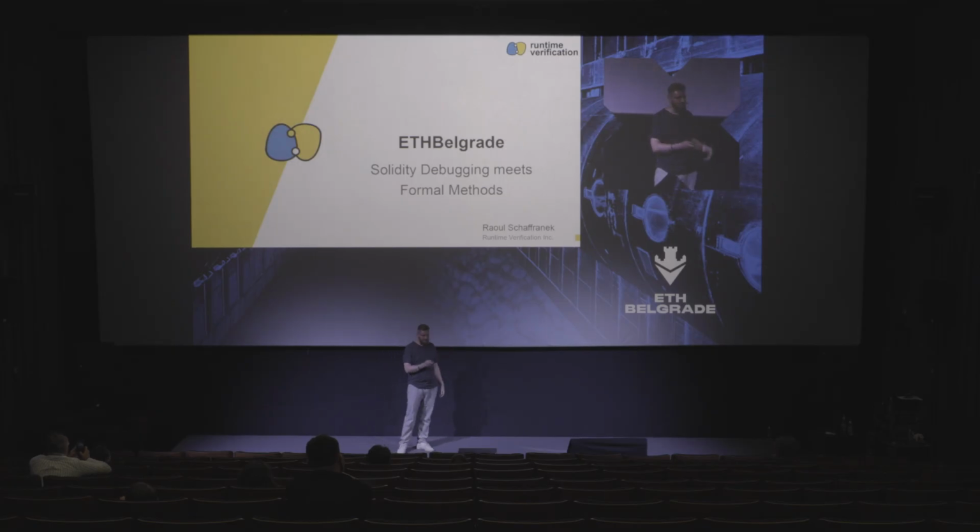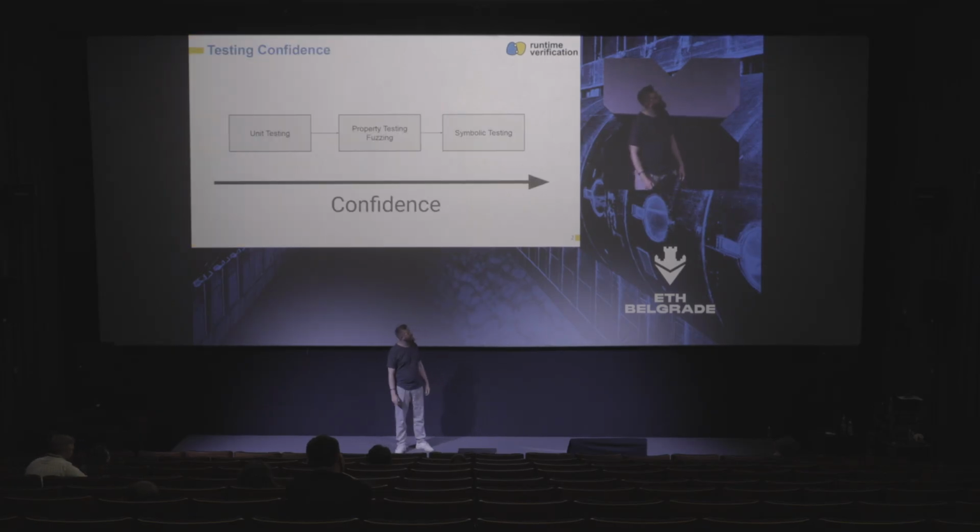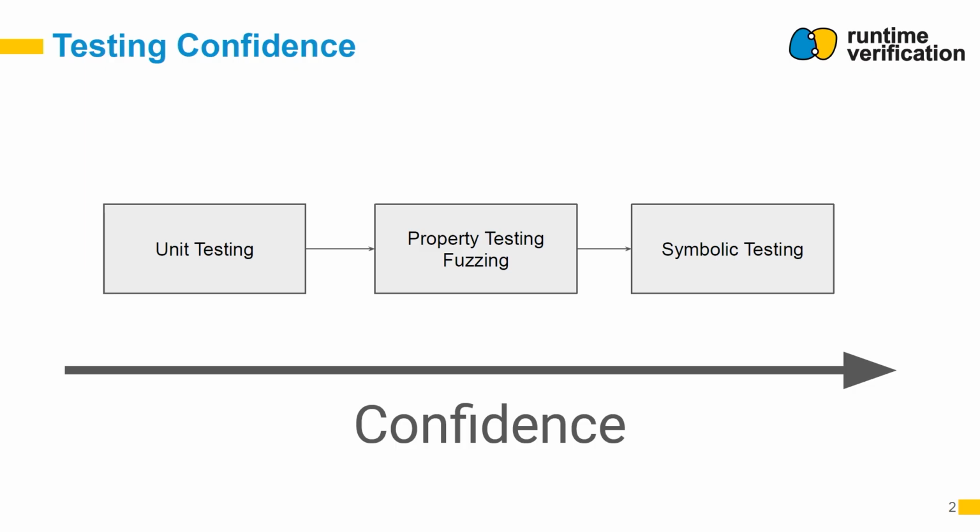This is the topic of my talk. If you have not heard of formal verification, today I'm going to talk about a specific flavor of formal verification called symbolic testing. I want you to think about symbolic testing just as a way of increasing the confidence that you have in your test suite.